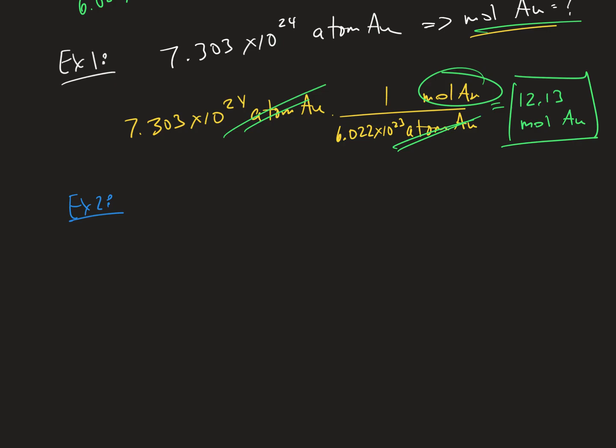Okay, how many chlorine atoms are there in 2.88 moles of silicon tetrachloride? Okay, where are we going to start?